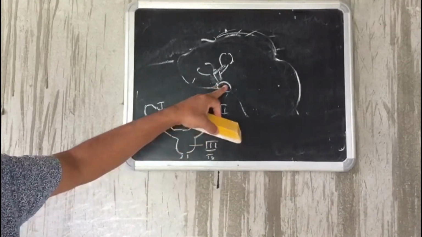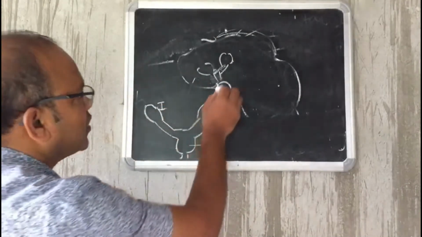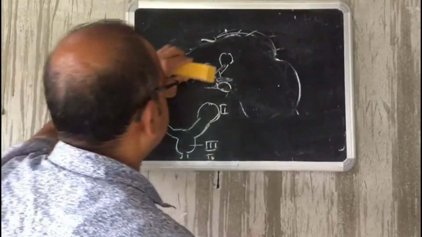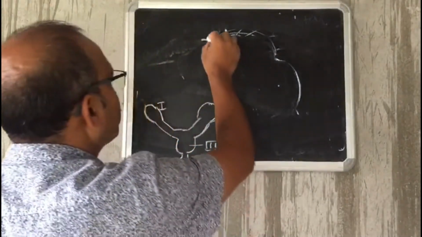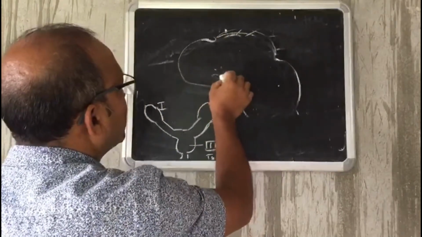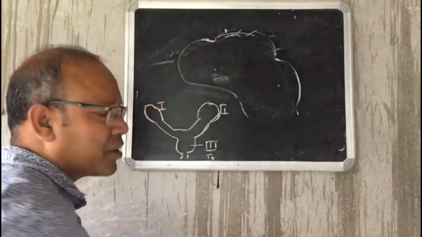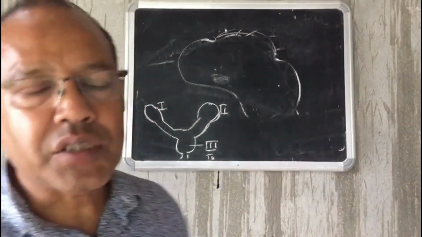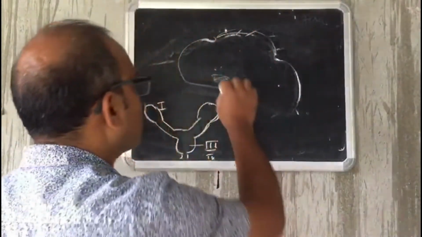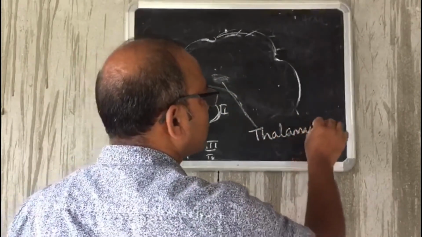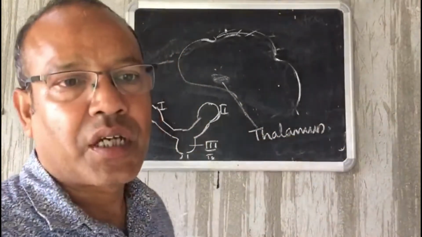Just above the third ventricle, this is the floor of the forebrain. We have a large collection of cell bodies, or grey matter. This is what is known as the thalamus.